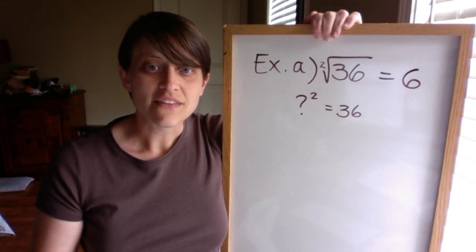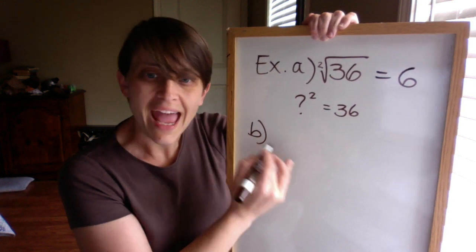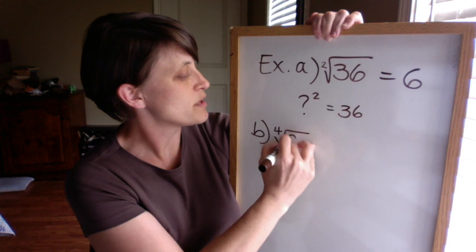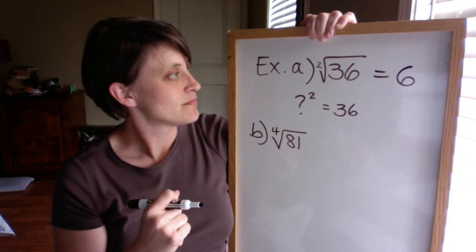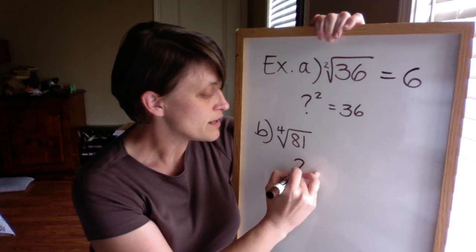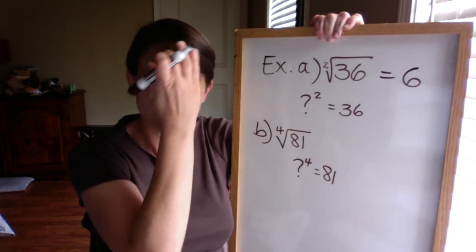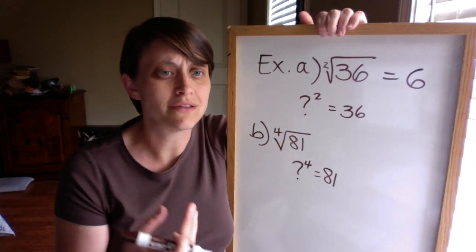All right, let's look at the next one. I have here the cube root of 81, but that actually is not what we're going to do. We're going to do the fourth root of 81. What we're looking for here is what number to the fourth power gives us 81. This may not be something you know off the top of your head. We don't usually know fourth roots.